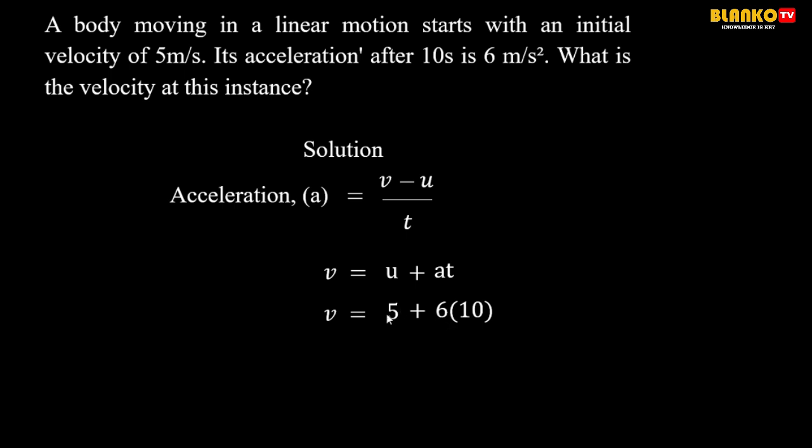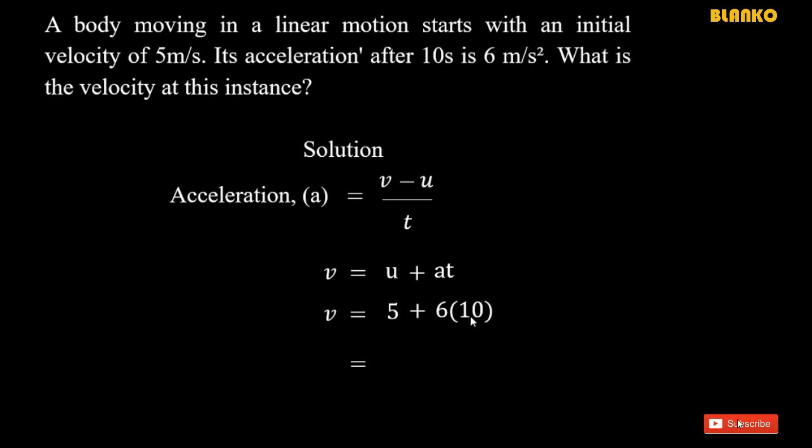So V equals 5, the initial velocity, plus 6, the acceleration, multiplying 10, the time. I hope you understand.